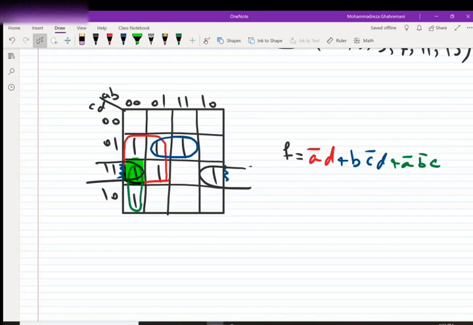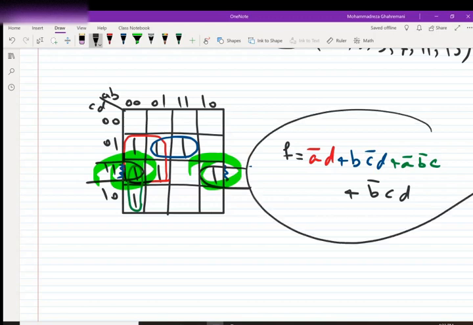And finally, for the black one, if we look at these two cells, we see that A is changing, B is constant, is B bar, C is constant, D is constant.